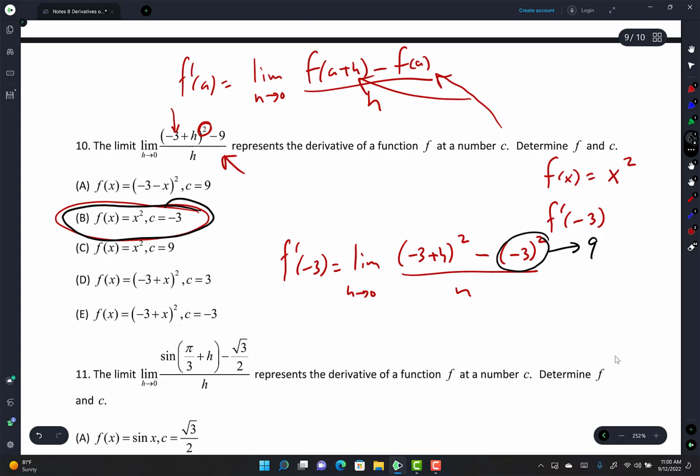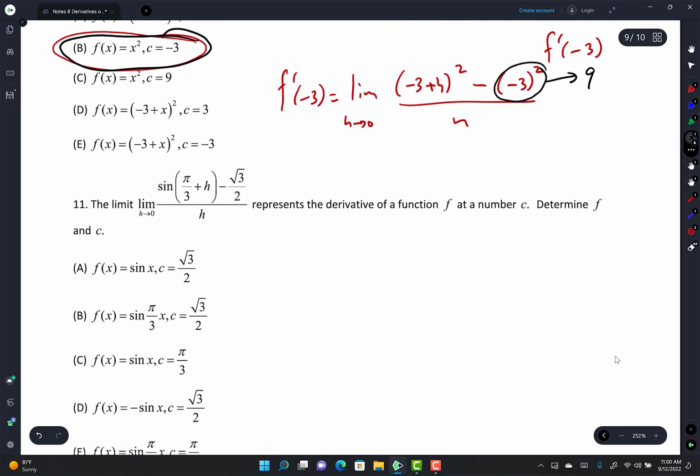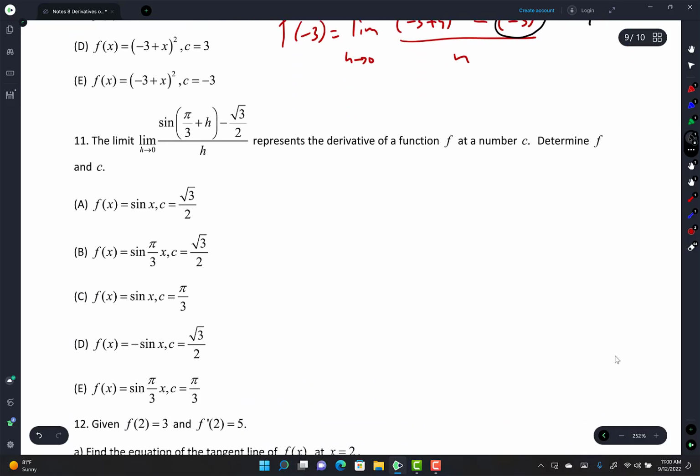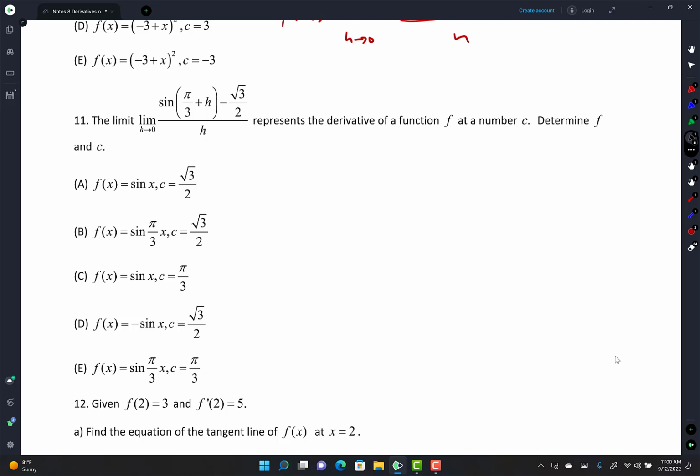We're going to do another practice. Look at number 11. And we're going to need unit circle help. We're probably going to need to take quizzes on that pretty soon. But don't worry, we'll announce it. Well, you know what? There it is. There's the announcement.